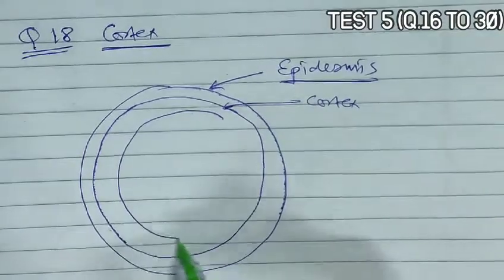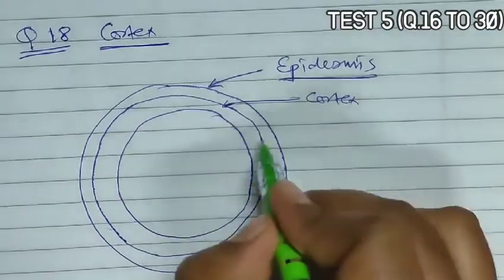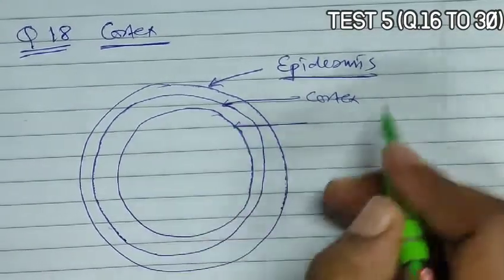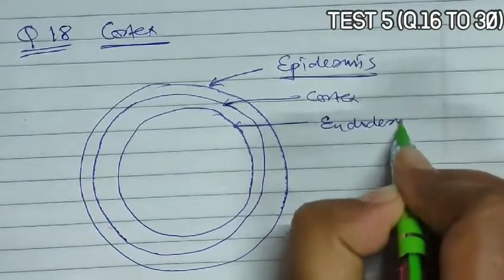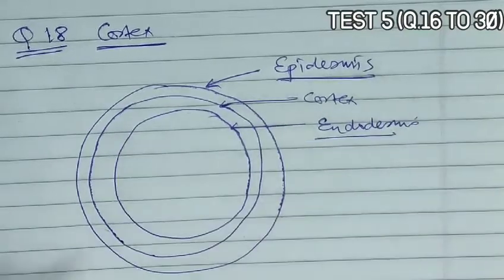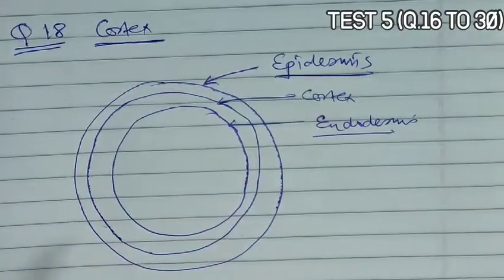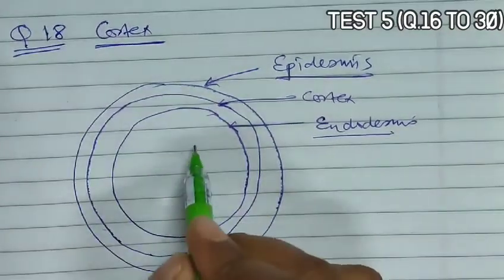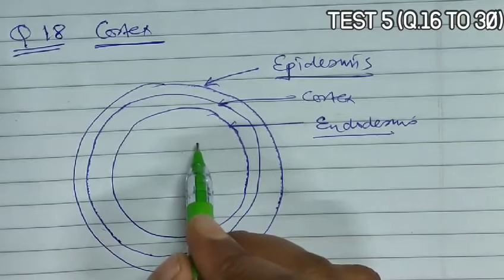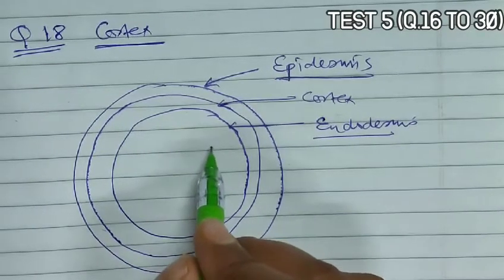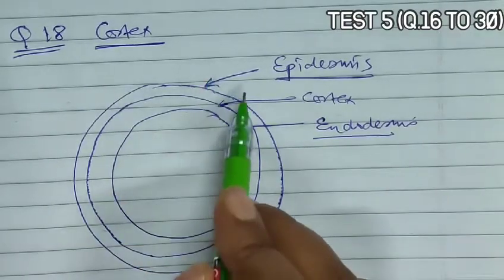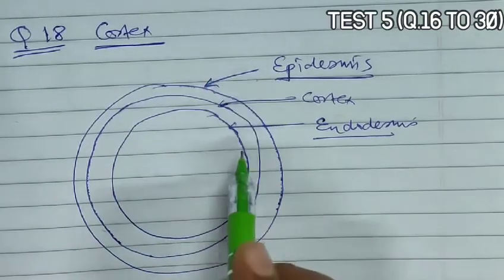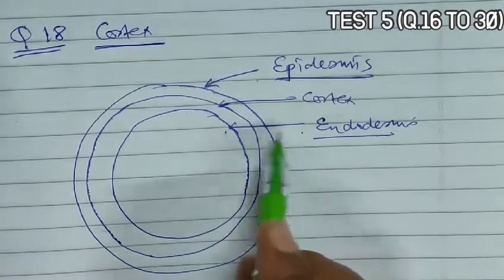Then inner to the cortex you will find a layer of tissue, that is the endodermis. So the cortex is present between the epidermis and endodermis.